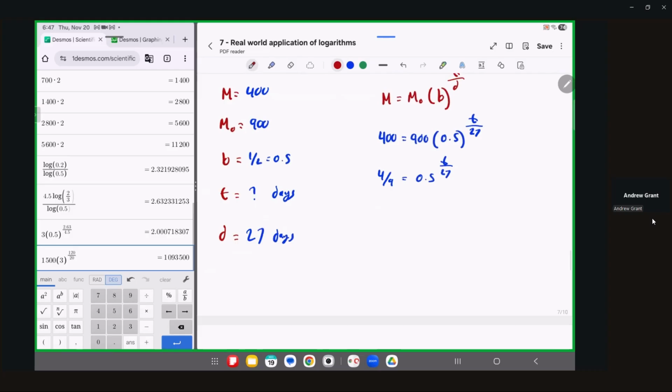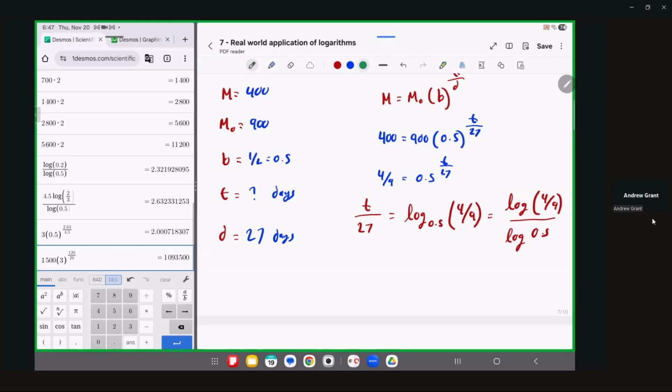Taking the logarithmic equivalent, we have t over 27 is equal to log of 0.5 times 4/9, which will be equal to log of 4/9 divided by log of 0.5.